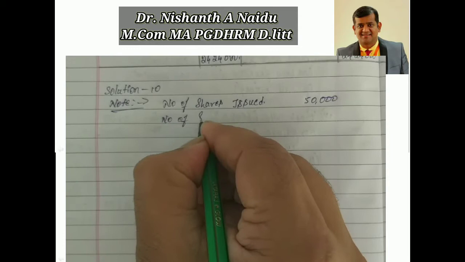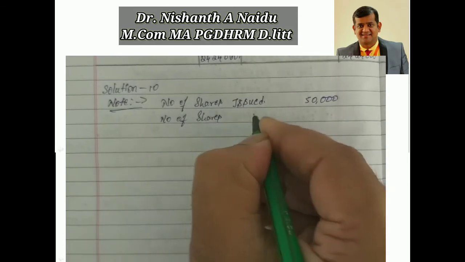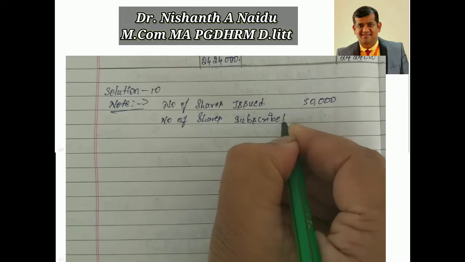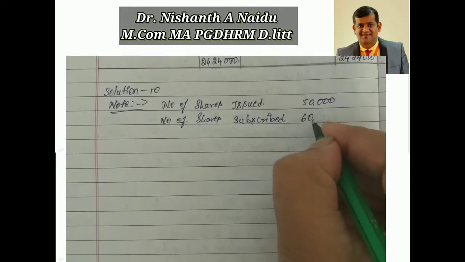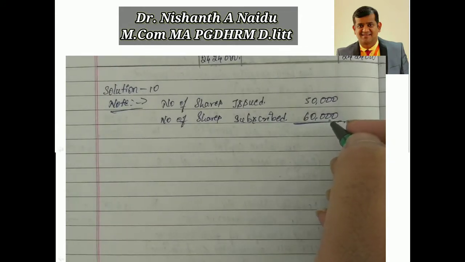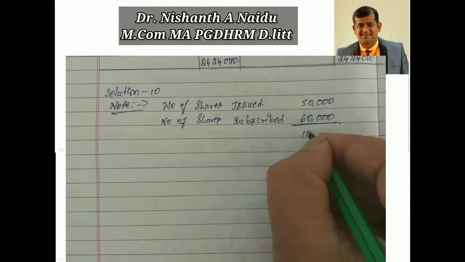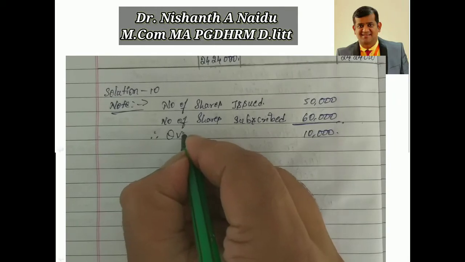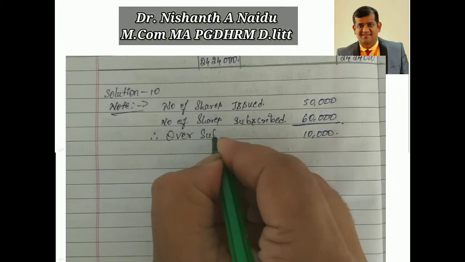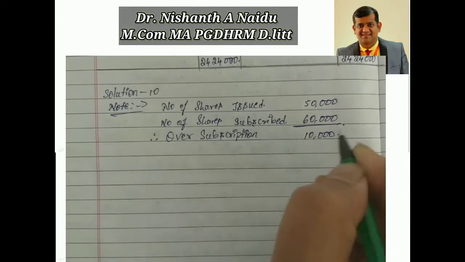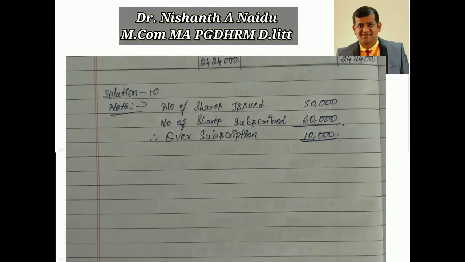Next, number of shares subscribed: 60,000 shares. When number of shares issued is lesser and number of shares subscribed is greater, that situation we call oversubscription. That is 10,000 shares.